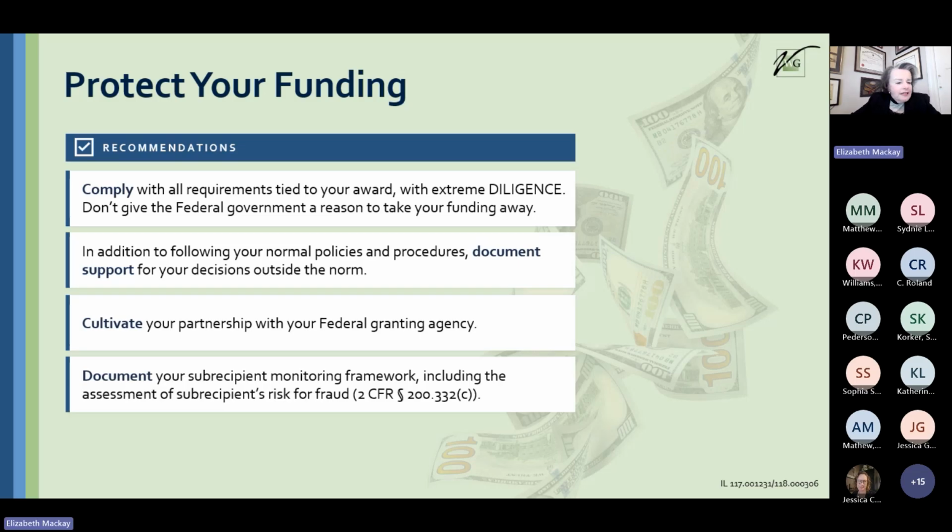And if you're making a decision that's outside what's governed by your normal policies and procedures, first, after you talk to your in-house attorneys, consult your awarding agency. Ask them what they think. This is a gray area. This is what you're thinking. What would they advise? And if they tell you, or if they don't advise you, document your support.